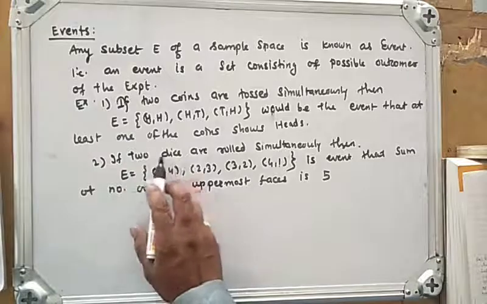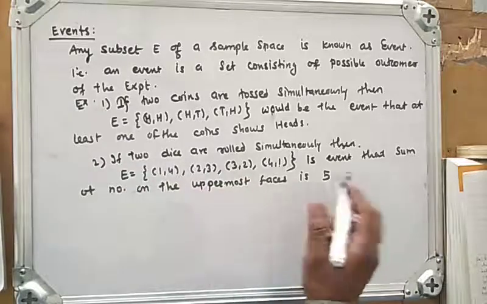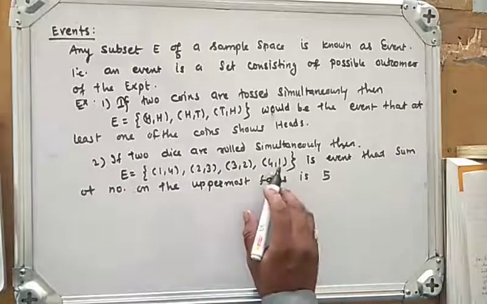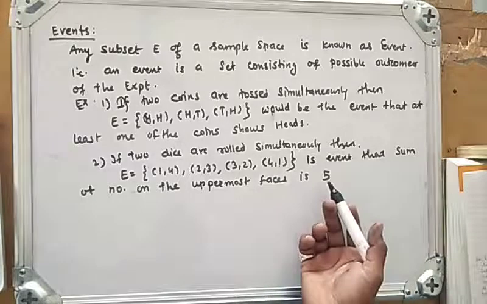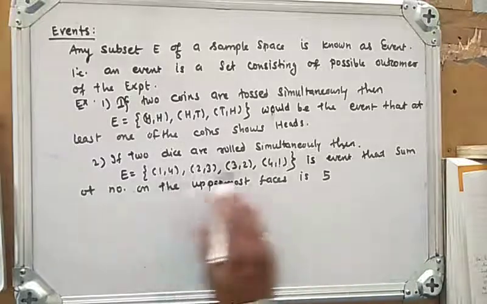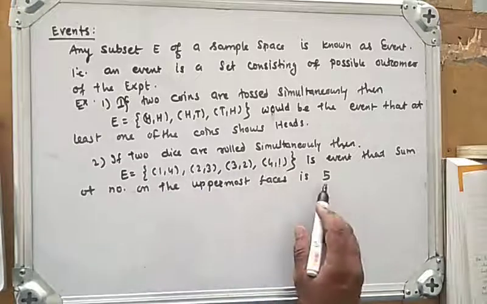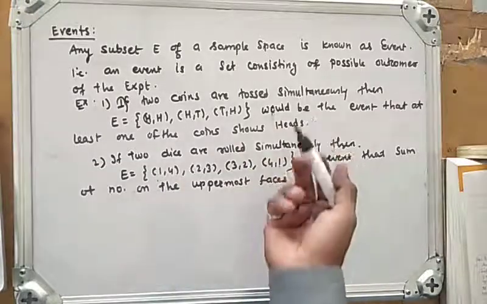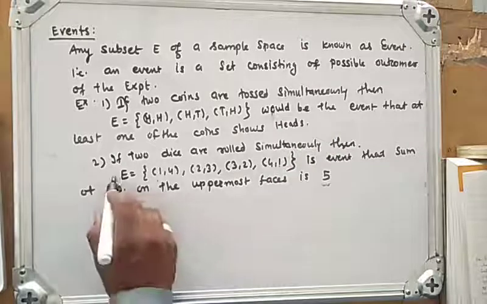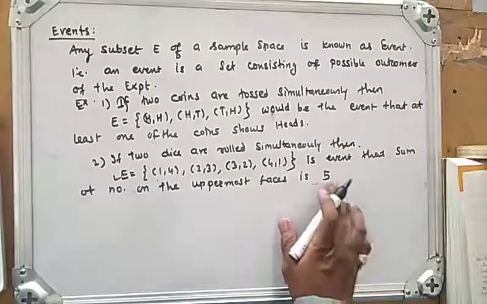If I roll 2 dice simultaneously, we get 36 outcomes in the sample space. Among those 36, we have taken only 4 outcomes whose sum is 5. So this is a subset of the sample space, and this is the event we have given.